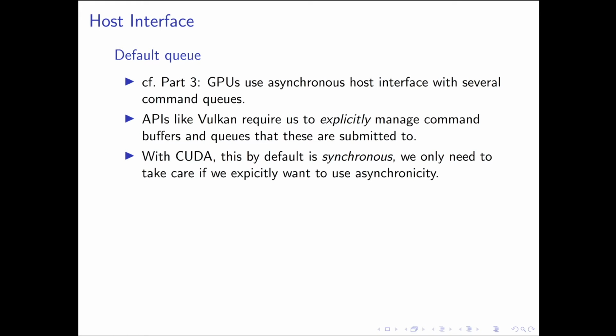Now that we know how to use global memory, shared memory and textures, this is already good enough for the time being, so that we can write more than just trivial CUDA programs. From there we'll move on and discuss the host interface, and in particular how we can make use of the asynchronous host interface.